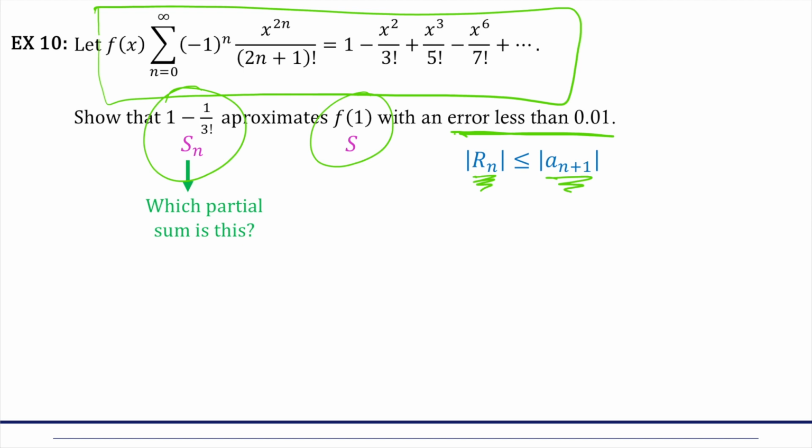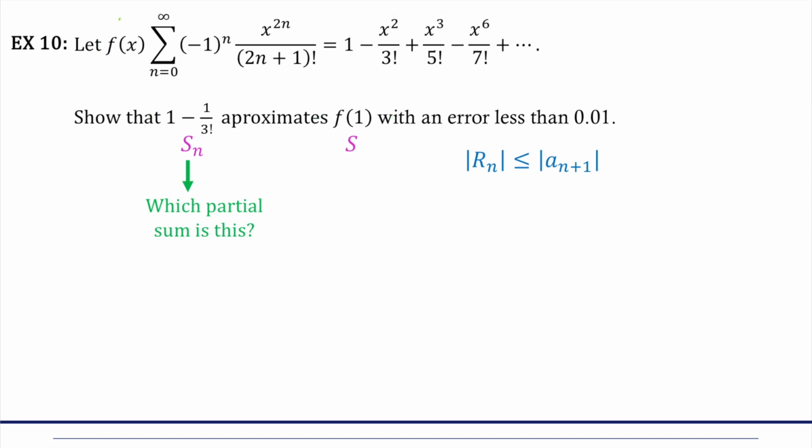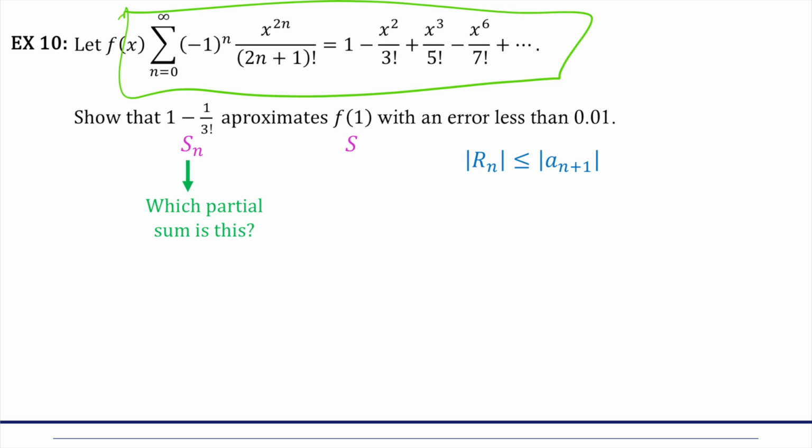Well, let's go back up here to the original problem. If we're worried about f of 1, that 1 is an x value. So for each of the x's up here, I'm going to plug in a 1. And look what I have right here: 1 minus 1 over 3 factorial. So this is the second partial sum.